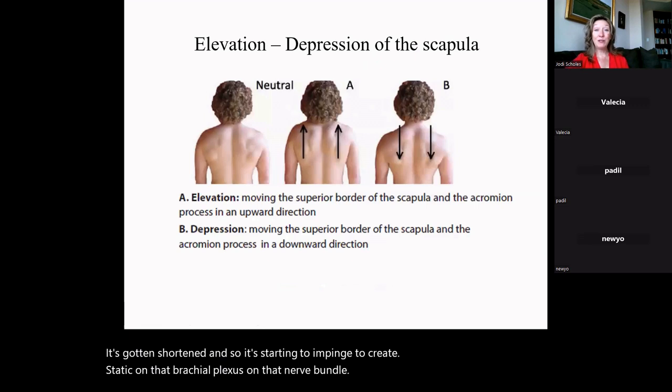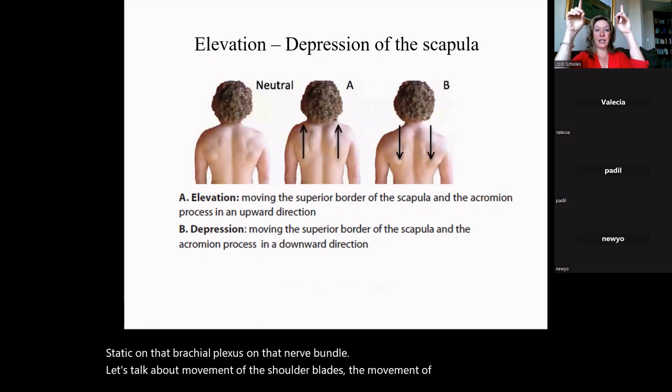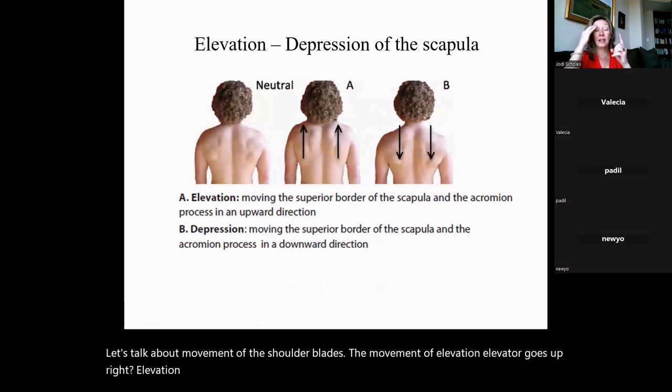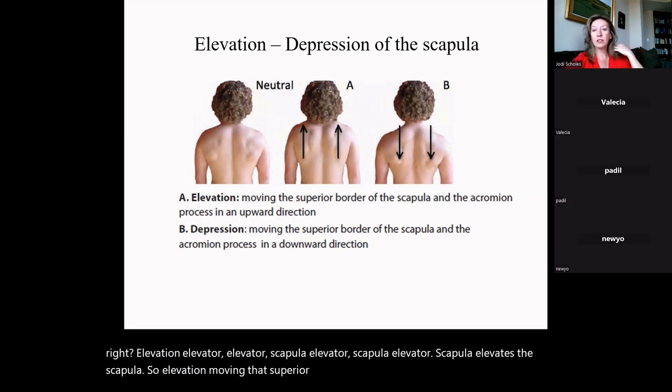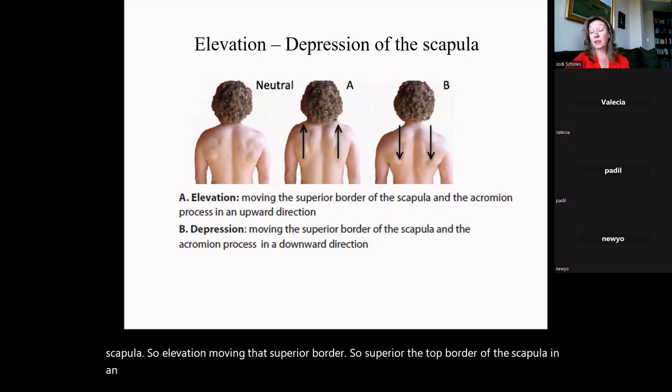Let's talk about movement of the shoulder blades. The movement of elevation. Elevator goes up, right? Elevation. Levator, levator scapula. Elevator scapula. The levator scapula elevates the scapula. So elevation, moving that superior border, the top border of the scapula, in an upward direction.